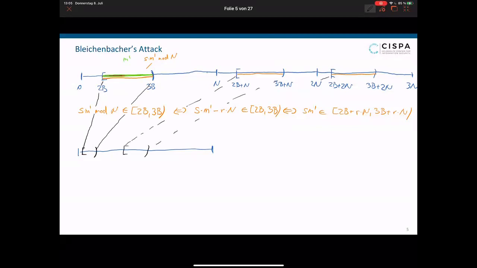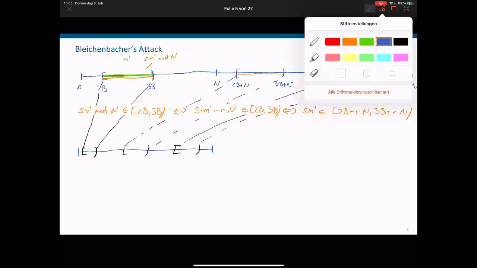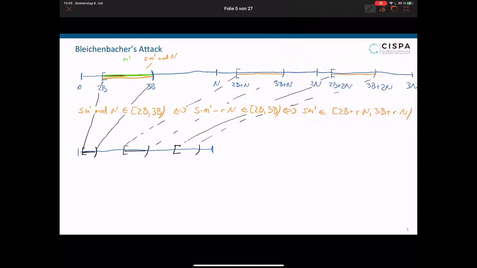And also this guy here, and for my example, let's just stop here. If s times m prime is in one of the orange ones, then m prime must be in one of the black ones.